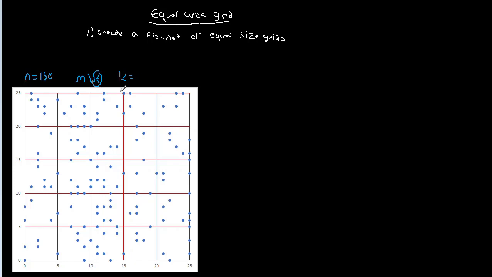In this case, k is the number of quadrants. We have 5 by 5, so we have 25 quadrants. So 150 points, 25 quadrants. This is points, and this is quadrants. So we've created a fishnet of equally sized grids. Check. Each one of these grids is 5 by 5.